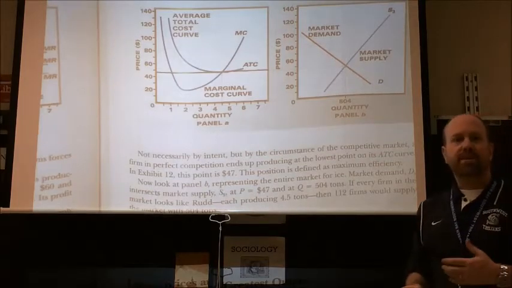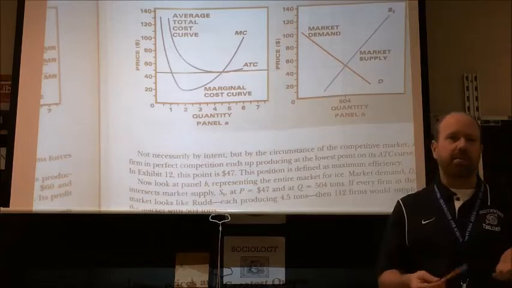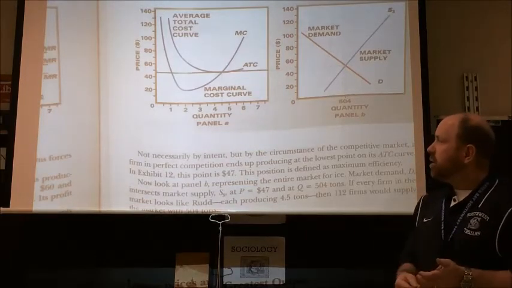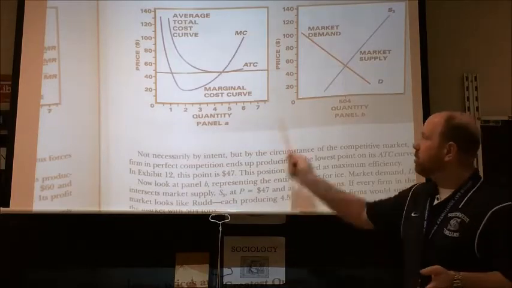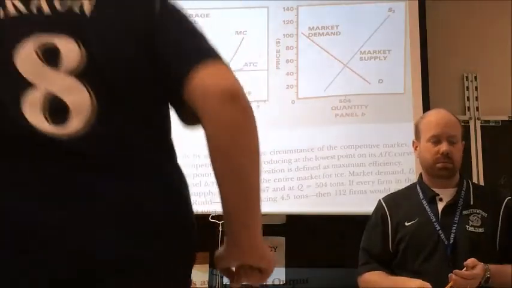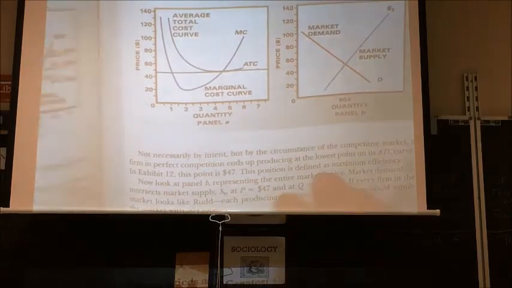And that represents full efficiency. One of the critiques, and likely a question that you'll get somewhere on the test, whether it's free response or multiple choice, is do monopolies operate at the minimum of the average total cost curve? And the answer is no. But perfect competition does, yes.